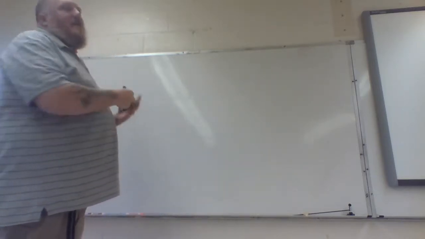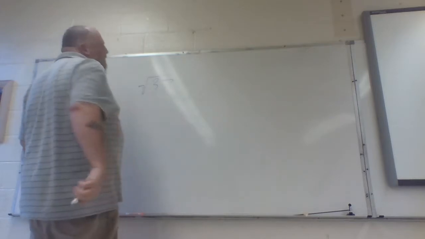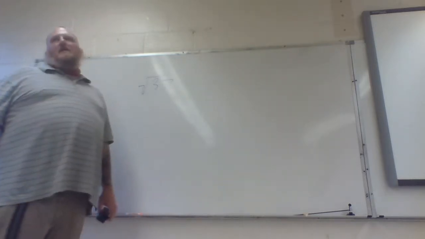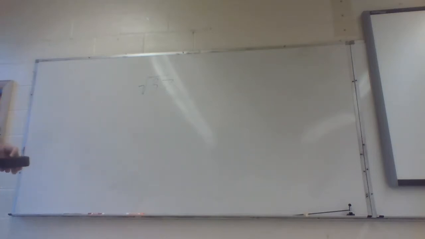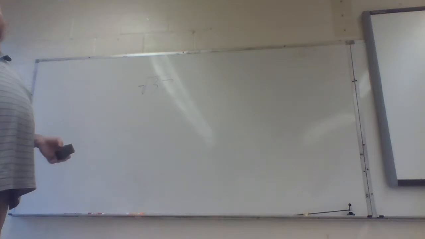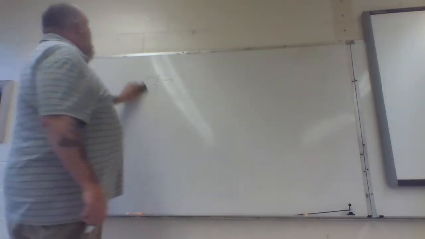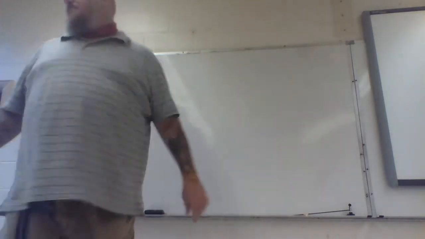Now that you have your calculators, tell me what the square root of 37 is to the nearest 100th. Anybody want to give it a go? 6.08. 6.08. All right.